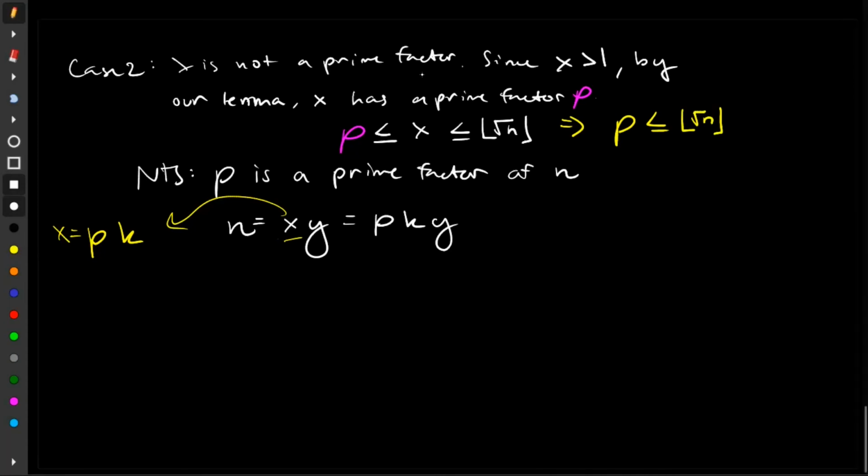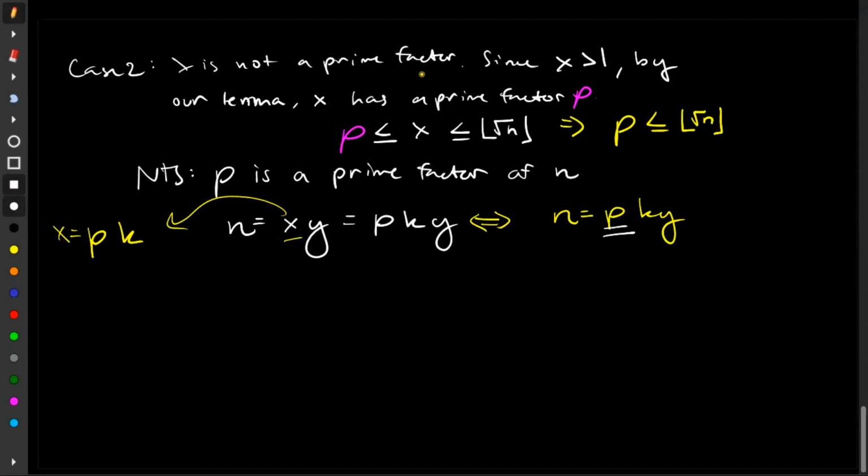Now what can we see here? Let's write it over here. n equals PKY. We can see here that P is a factor of n. Is it a prime factor? Well, definitely, because if it is a prime factor of x, then it is also a prime factor of n.